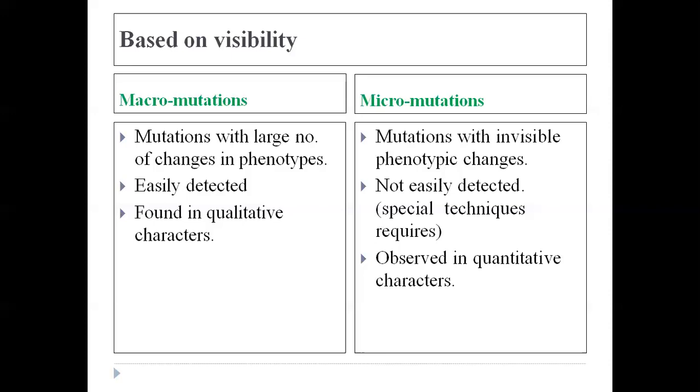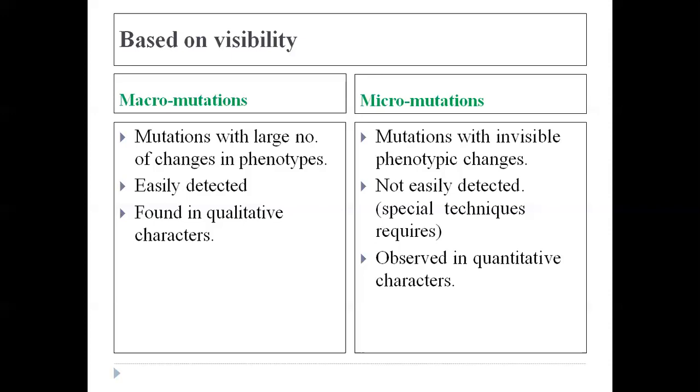It can be easily detected because it's a large population. It is found in qualitative characters, not the quantitative characters. Qualitative characters means their behavioral nature, their production if it is in plants, or if it is an animal, like the cow, the production of milk will be hampered.